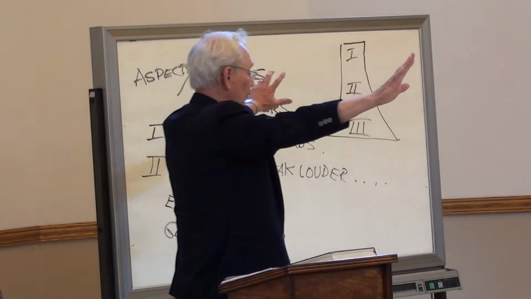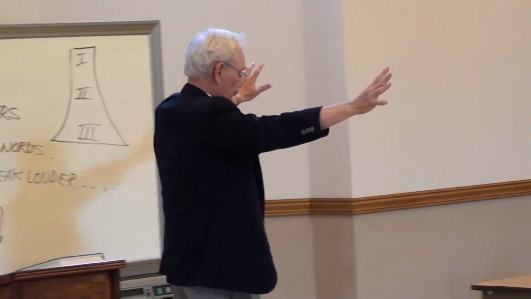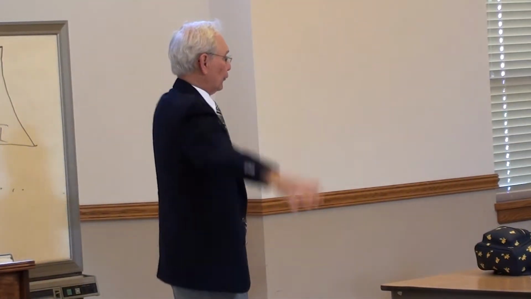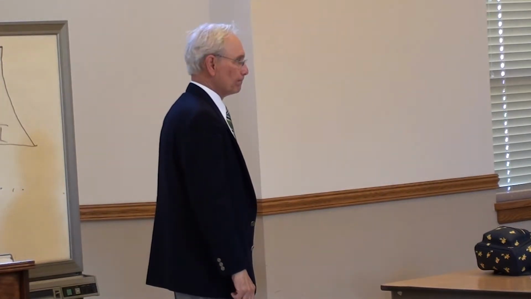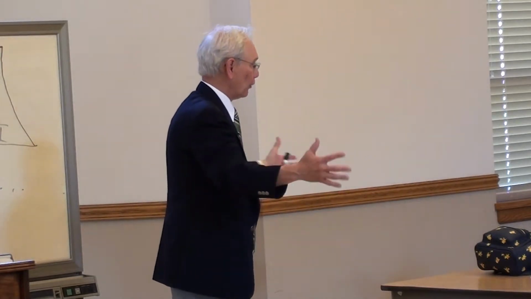So, Jesus says, "It is finished," and dies on the cross. Well, he never tells you what's finished. Now, Paul says, God was in Christ reconciling the world to himself. See?